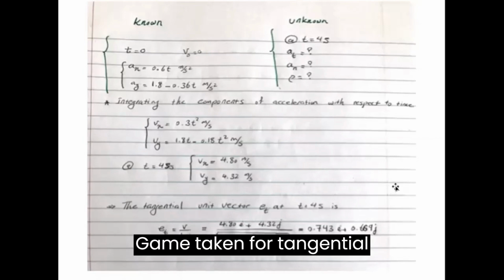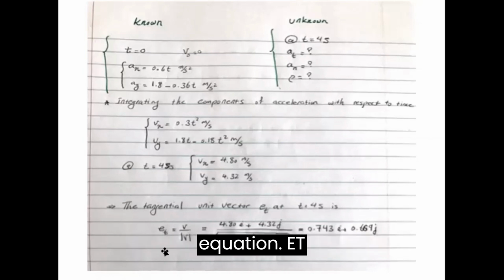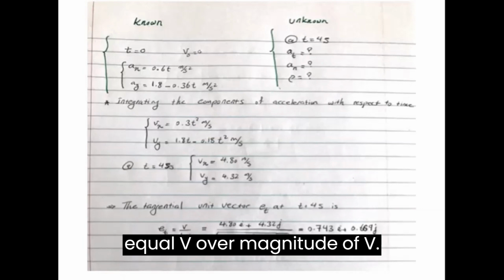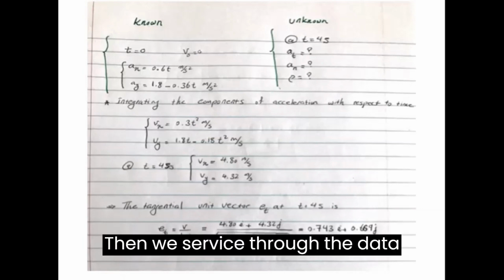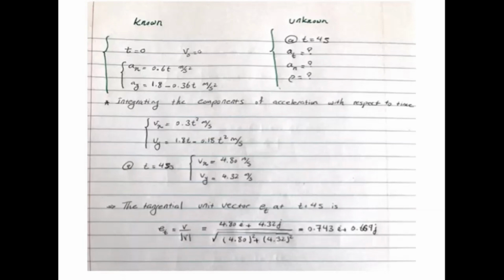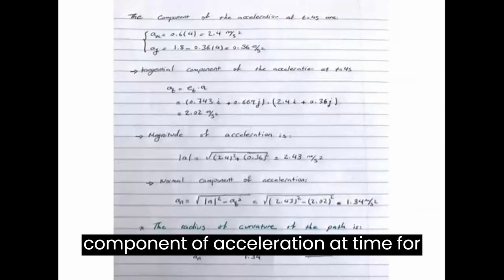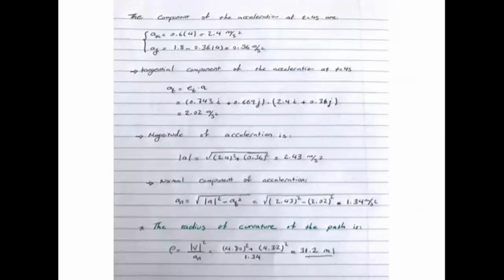For the tangential unit vector e_t, we can use this equation: e_t equals v over the magnitude of v. When we substitute the data, we find e_t equals 0.743 i plus 0.669 j. After that, we can find the tangential component of acceleration at time 4 seconds.